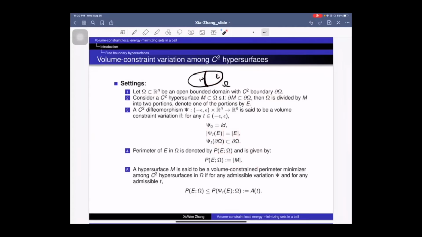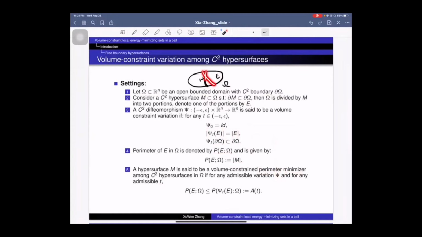And finally, a C2 hypersurface M is said to be a volume constraint perimeter minimizer among C2 hypersurfaces in omega, if for any admissible variation psi, defined above, and for any small time t, the perimeter of E in omega is always less than or equal to the perimeter of psi t E in omega.